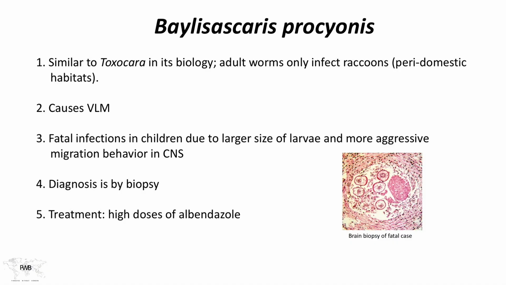The statistics are not in favor of making the diagnosis this way, but given the fact that you have no other explanation for why this child suddenly became ill and started to exhibit central nervous system behavior aberrations, making this diagnosis based on that gives some reason for doing a biopsy and looking for the organisms. Whenever they were discovered, high doses of albendazole were tried with very few treatment successes, unfortunately.